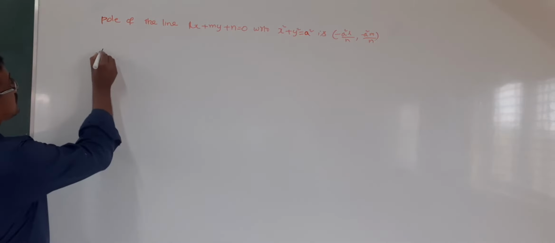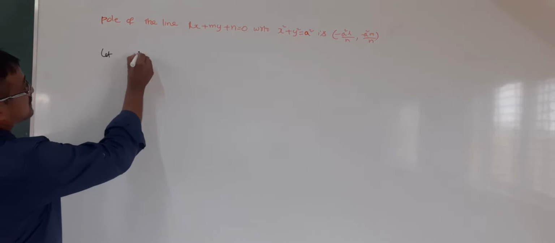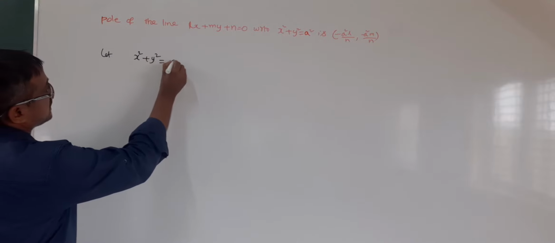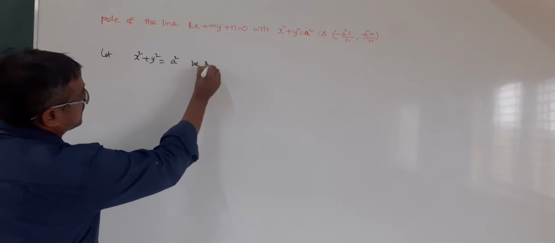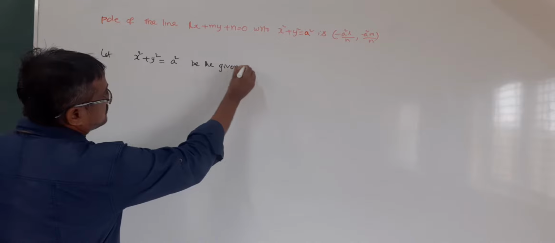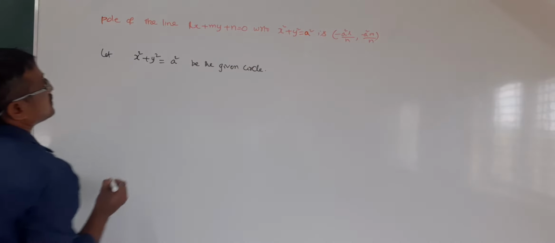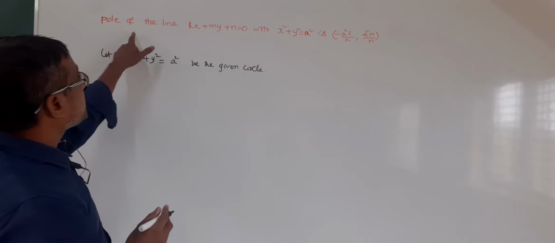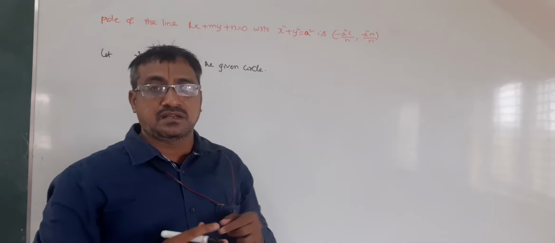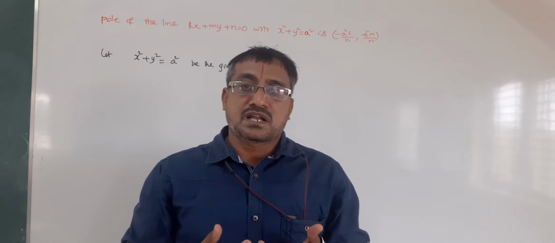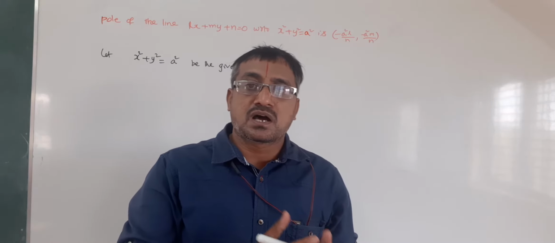Now let x² + y² = a² be the given circle. So here you have to find the pole of this line. The pole of that line means it is the polar line.